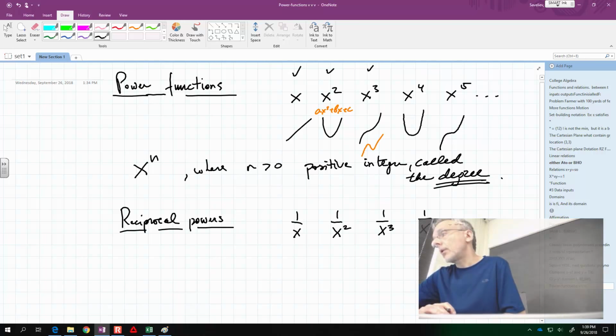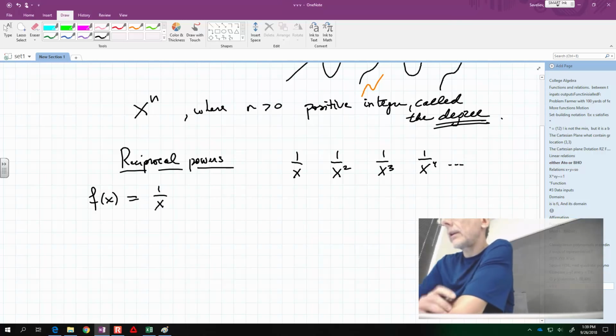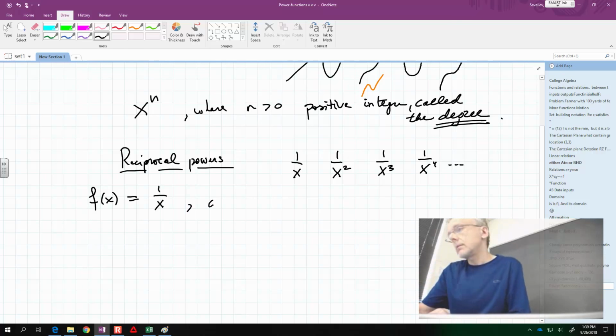They will still have certain symmetries, and 1 over x will tell us most of the story. The main thing about f of x equals 1 over x, in contrast to everything we've seen so far, is the domain.